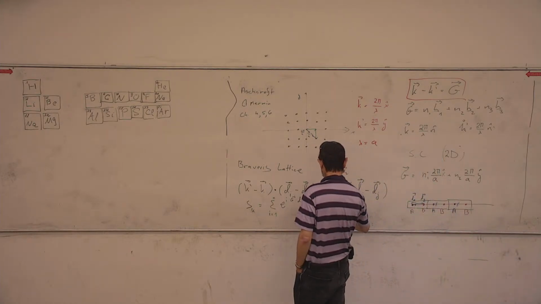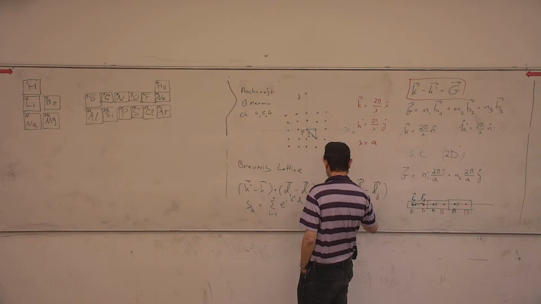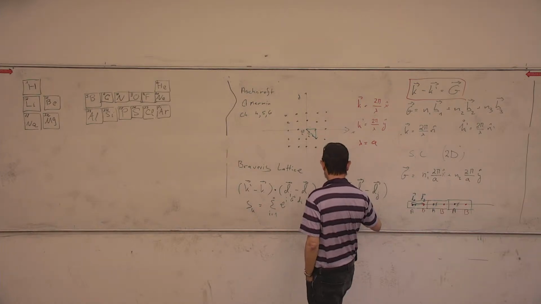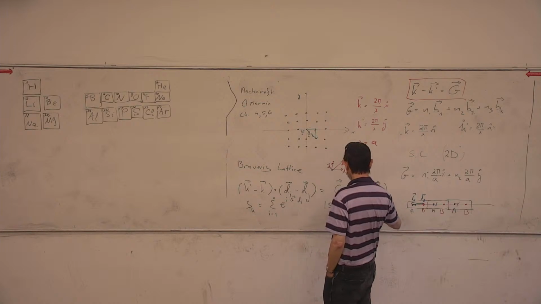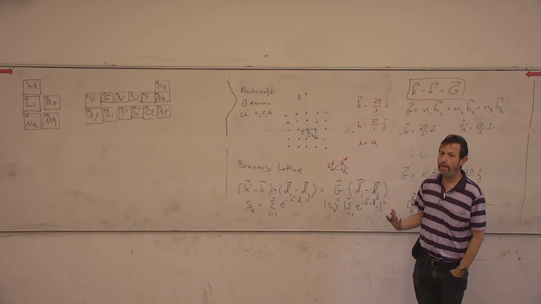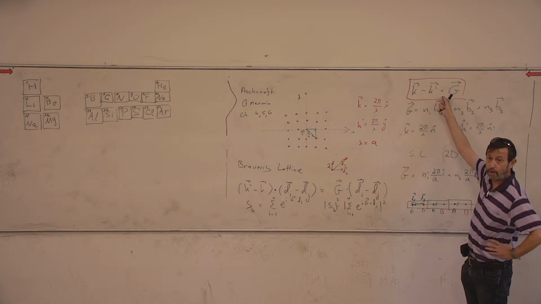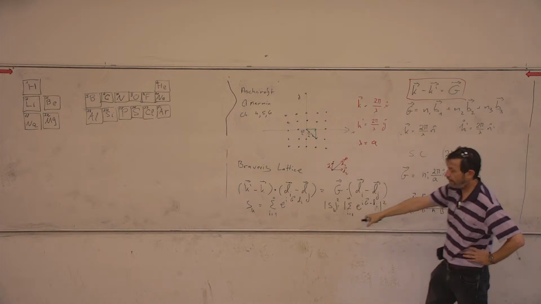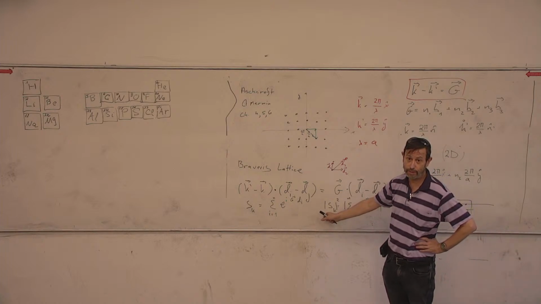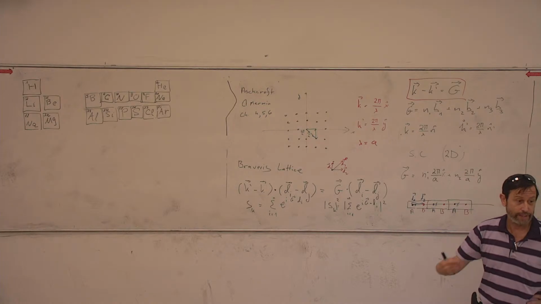So, what do I do? I go and calculate all the possible Bragg peaks from here, multiply them with the additional amplitude that I received due to the fact that my lattice point is not really the scattering center.